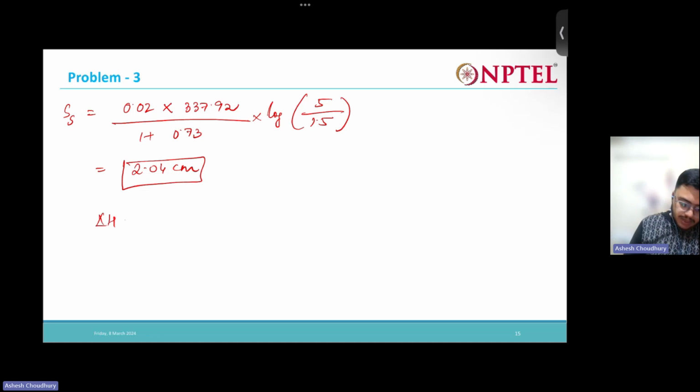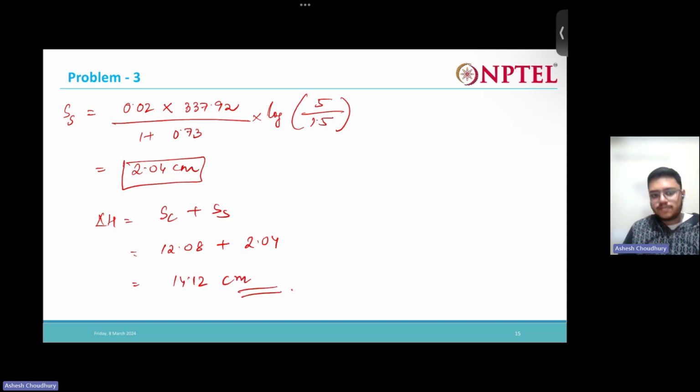Therefore the total settlement, SC plus SS, is 12.08 plus 2.04, which is 40.12. Hope this is clear. That's the basic concept we are using.